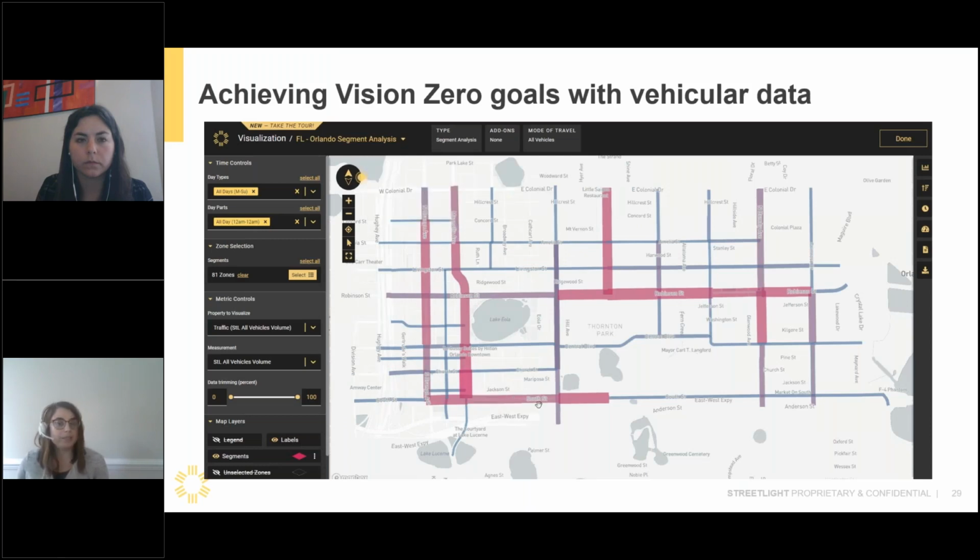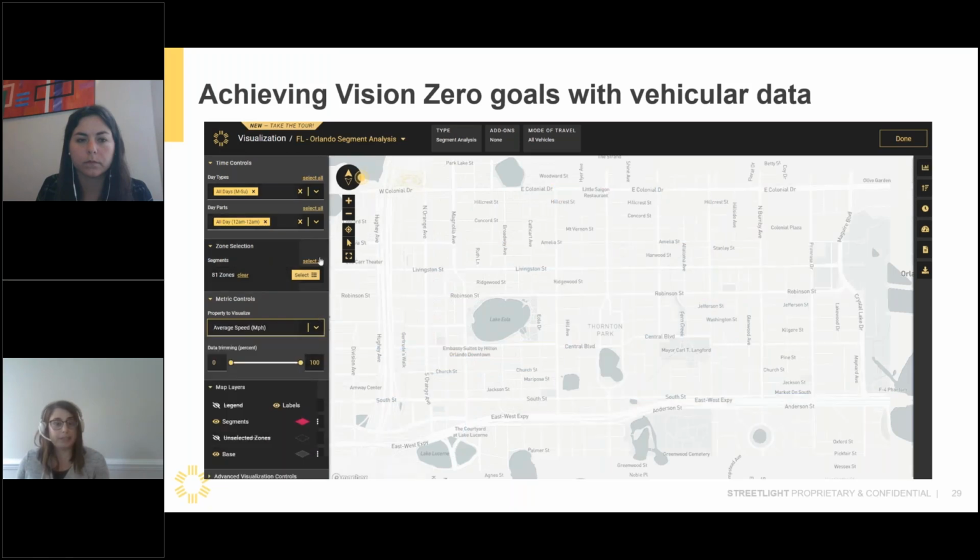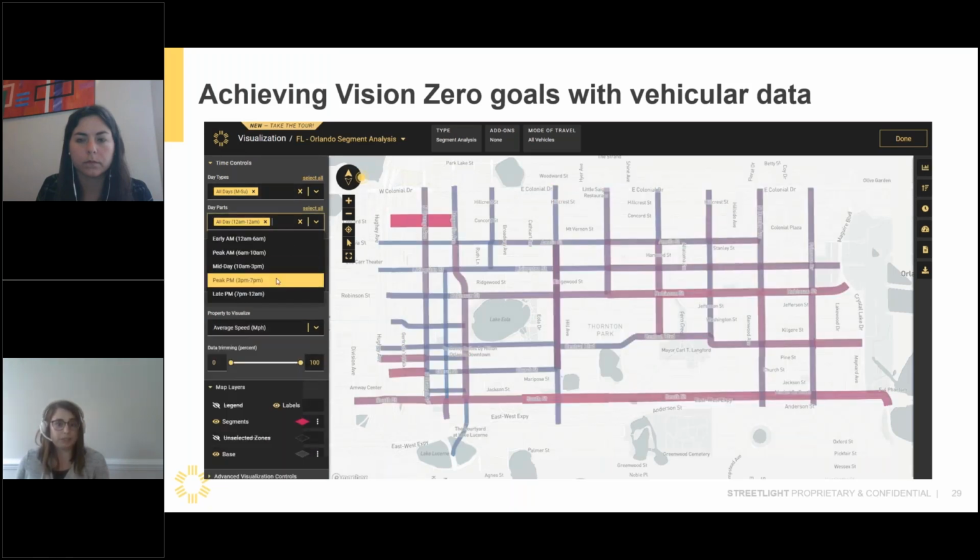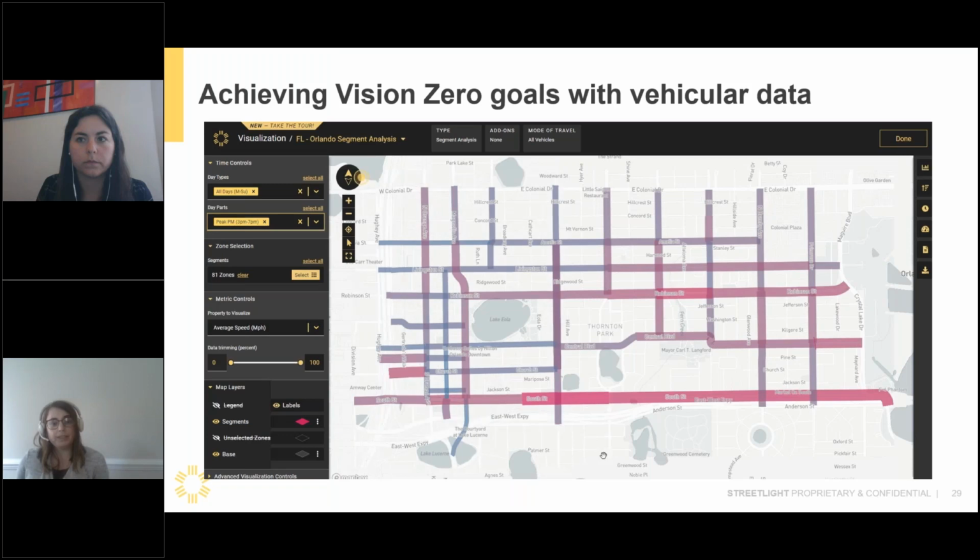Using our segment analysis, we're able to understand the average volume as well as the average speed for each of these roadway segments that we're also able to measure the pedestrian activity. So they're a one-to-one match when we want to analyze it further in and outside the platform as well.